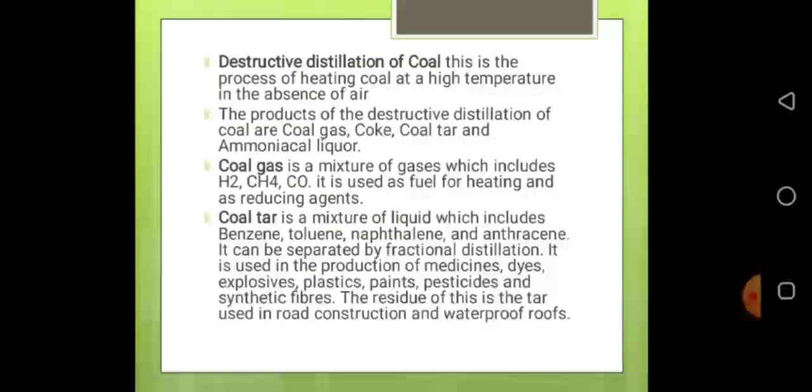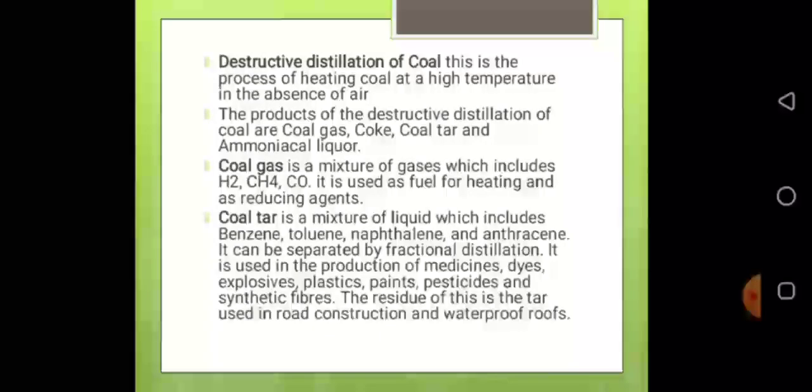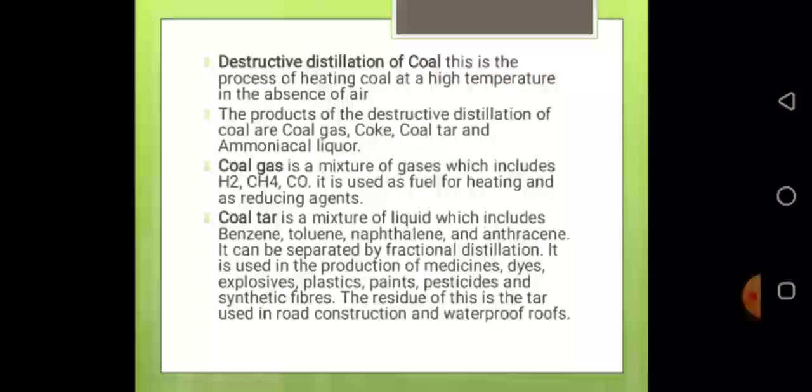The asphalt used in construction is the residue of this coal tar. You see, coal tar is black. Most of the amorphous allotropes of carbon are black, so carbon itself is black in nature.